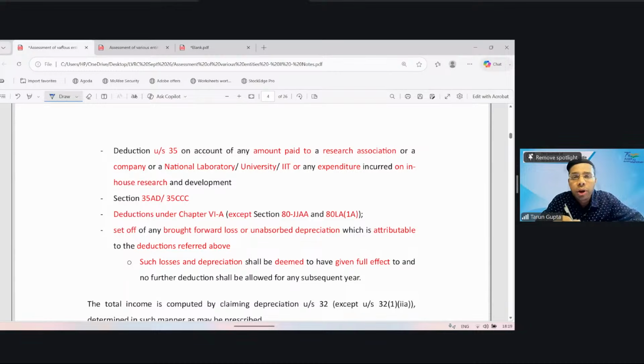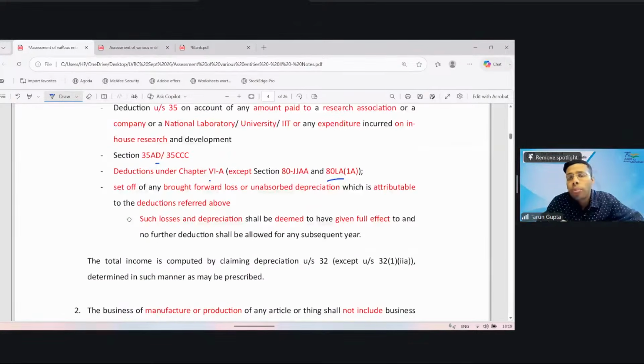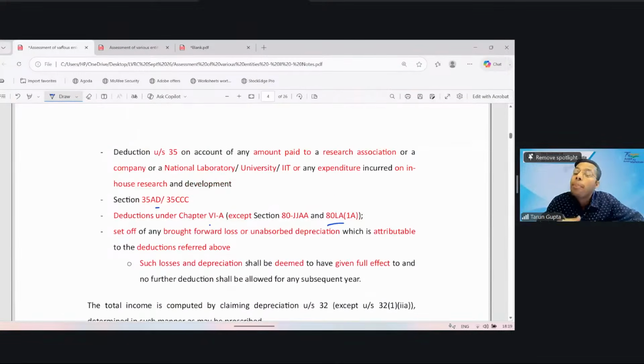Donations given, scientific donations given by the company in section 35 is not allowed, or expenditure in respect of in-house research. Section 35AD or 35CCC is not allowed. Then deductions under chapter VI-A, except 80JJAA and 80LA IFSC, are not allowed. Any loss or brought forward depreciation on account of the above deductions shall not be allowed and shall be deemed to have been allowed, okay, so they cannot be carried forward.